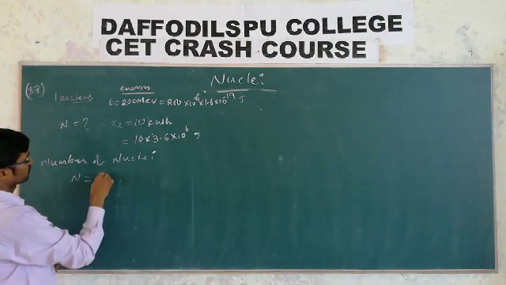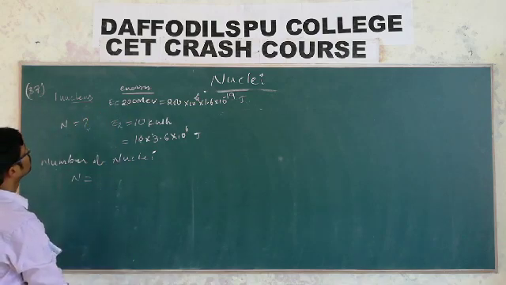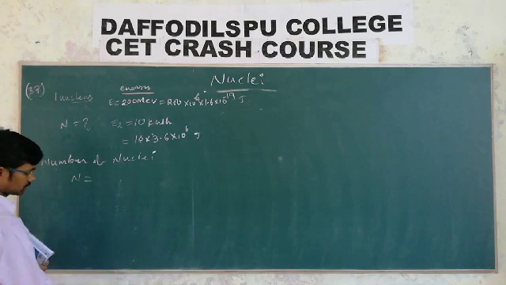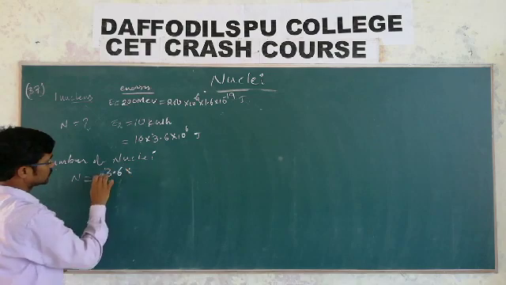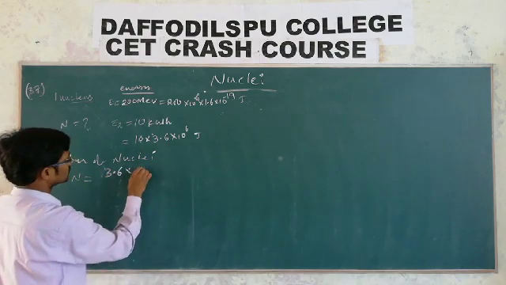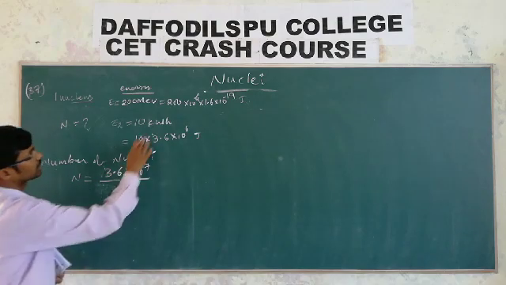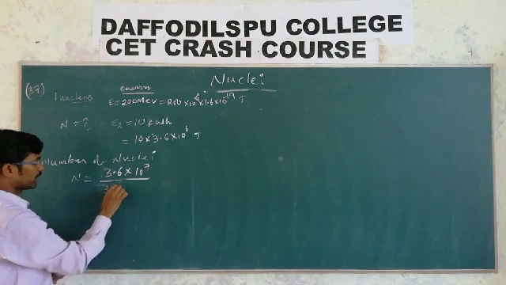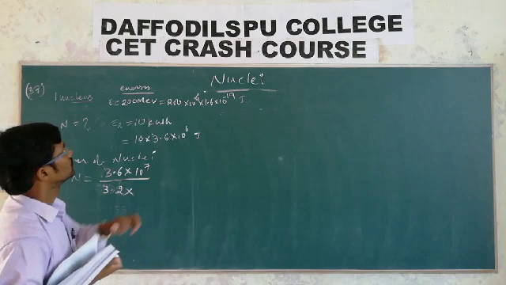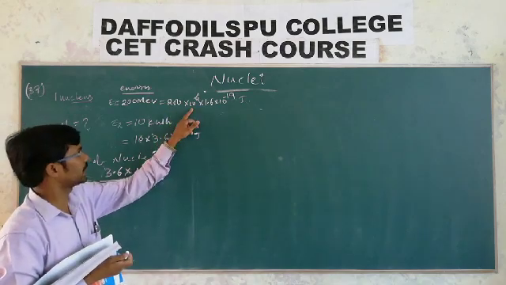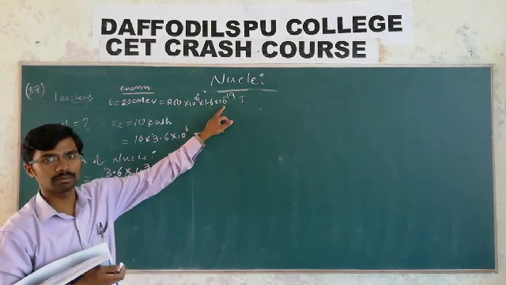What we have? This one, just cross multiply. What we have? 10 into, so that is 3.6 into 10 power 7 by 2 into 1.6, 3.2 into 10 power 6 into 10 square, 10 power 8. 10 power 8 into 10 power minus 19, 10 power minus 11.